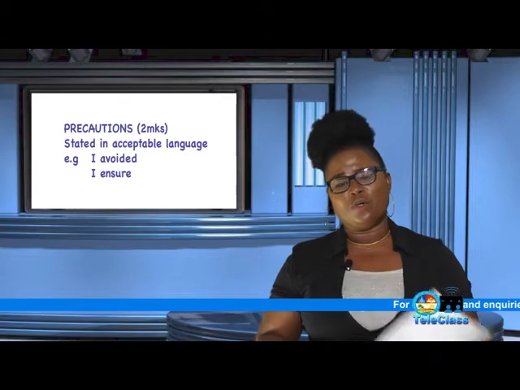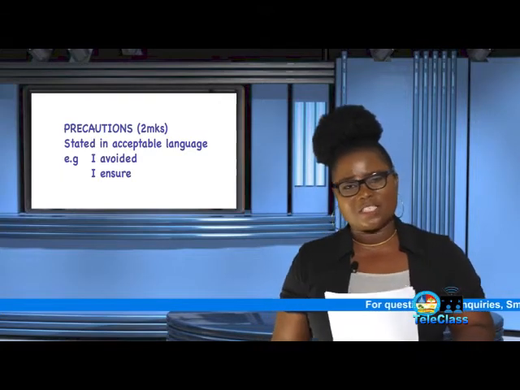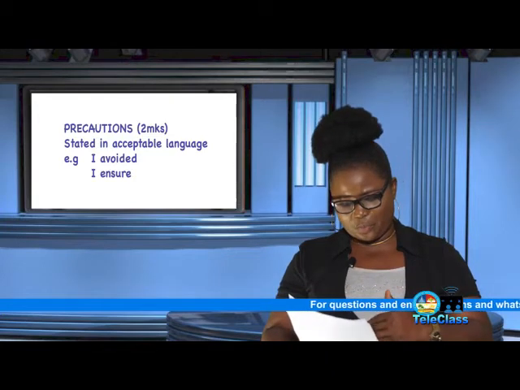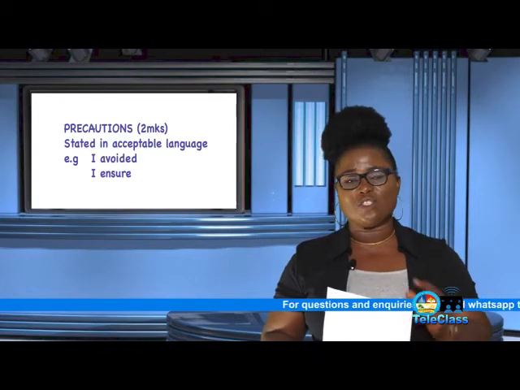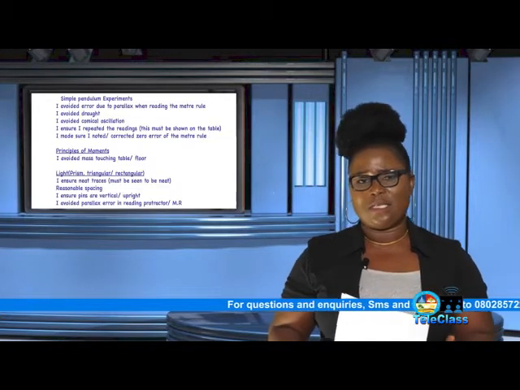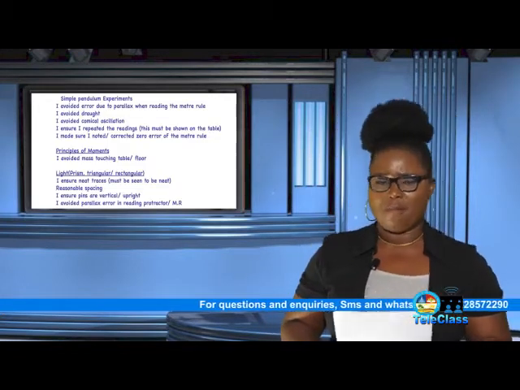So after you have done this, the next aspect is the theory part. By the time you get to precaution, the total marks for that is 21 marks. So the theory part gives you the extra 4 marks. That makes it 25 marks.